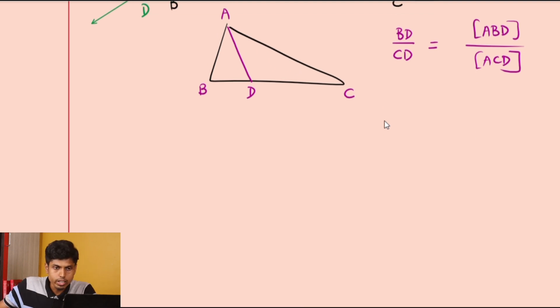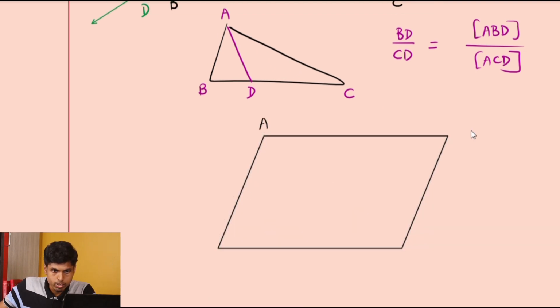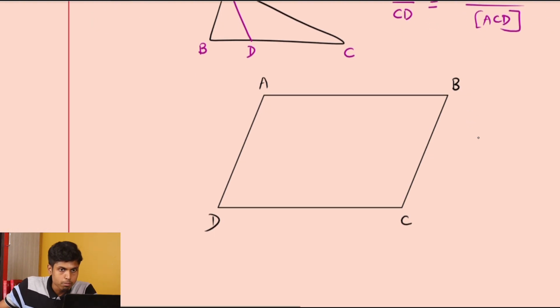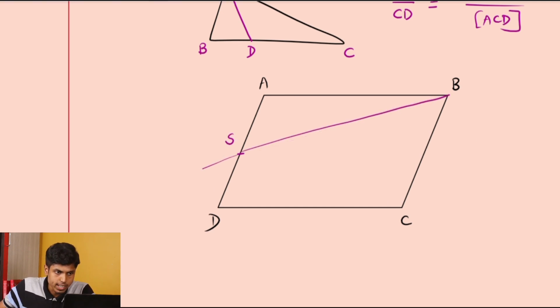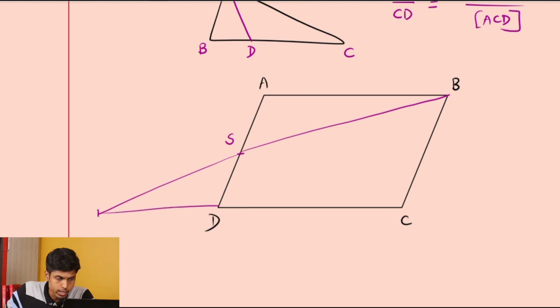Majorly the given configuration has the following. You have ABCD, I think that's how they are oriented, and B is joined to the midpoint of side AD, call it S. BS is extended to intersect the side CD at a point, say T. Since S is the midpoint, you have AS equal SD, and these two angles are equal, and these two angles are also equal as AB is parallel to the line CD.